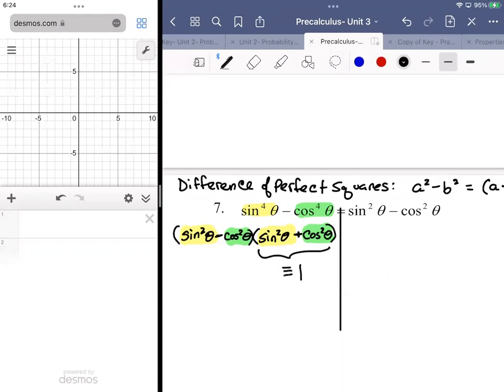So even if you didn't know, you could just fake it and say, well, by definition, it's equal to 1. Why? Because it has to be, right? However, that's a Pythagorean identity, so it's equal to 1 anyway. So after really one real step, we have our proof.